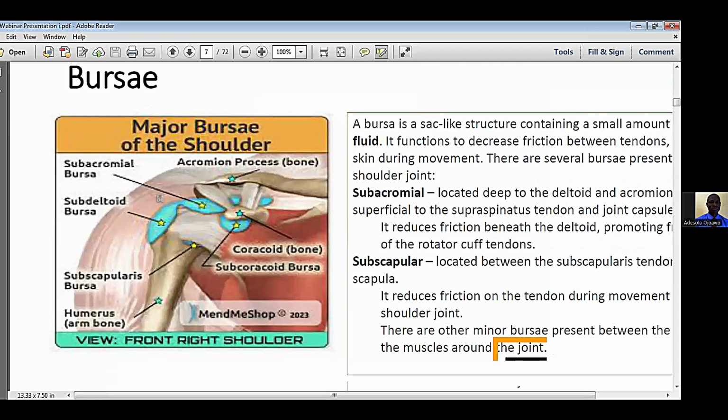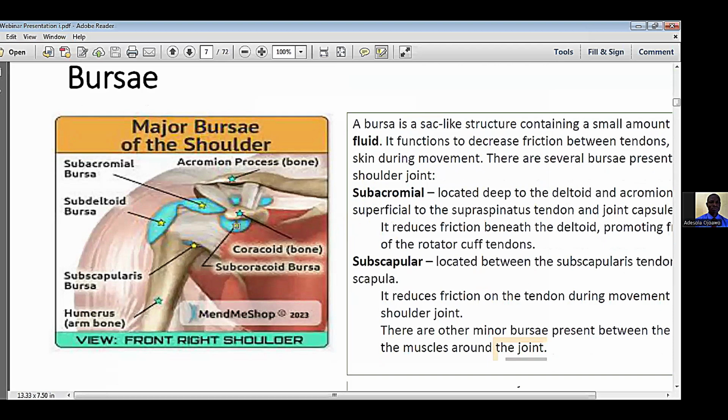The prominent one among them is the subacromial bursa. We have the subdeltoid bursa as well, under the middle fiber of the deltoid.